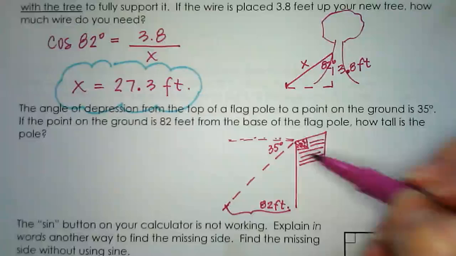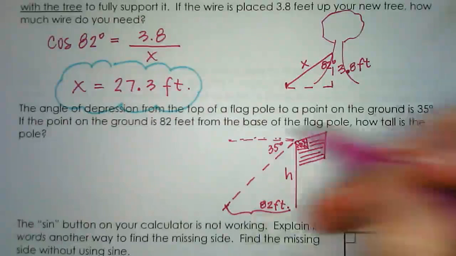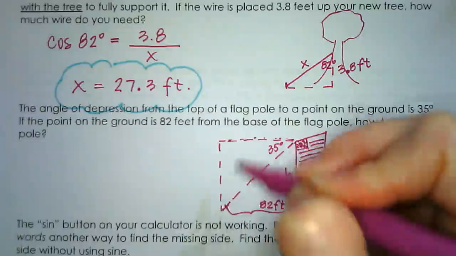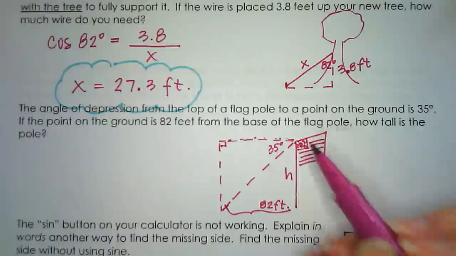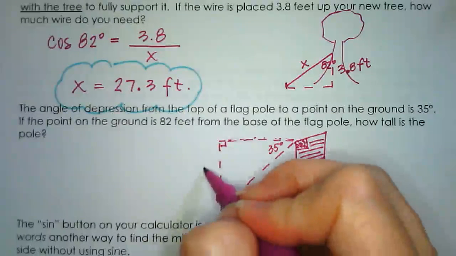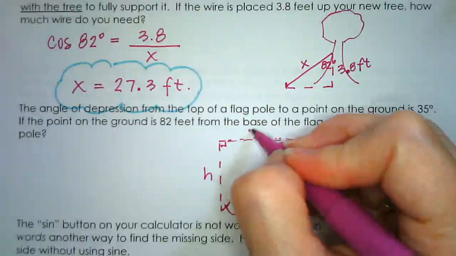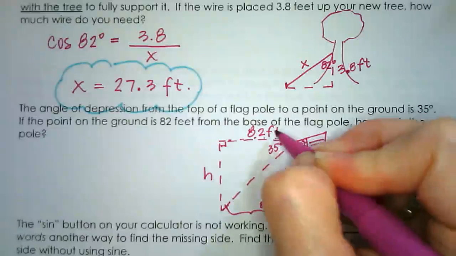Or we could, because what we want to know is the height of the flagpole. Or we could make our triangle out here, which would also be a right triangle. So this is what we're looking for, the height, and then the 82 is up here.